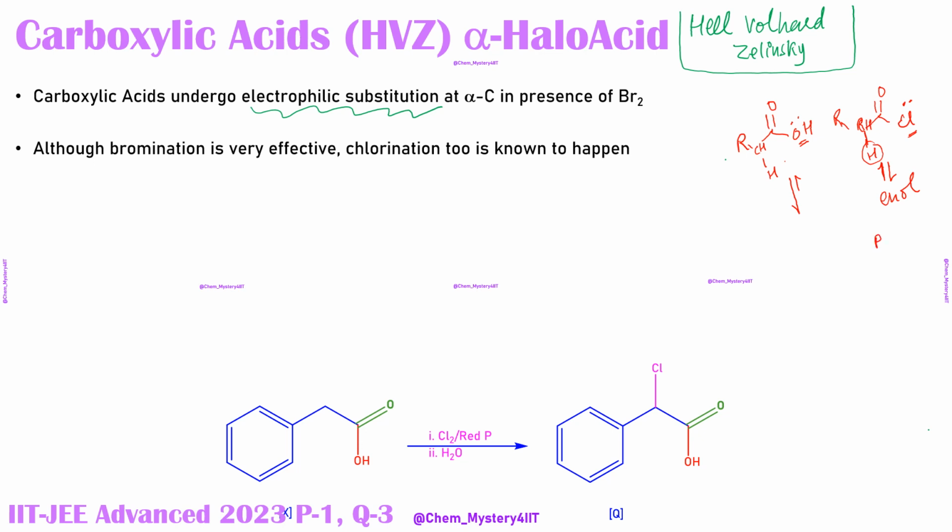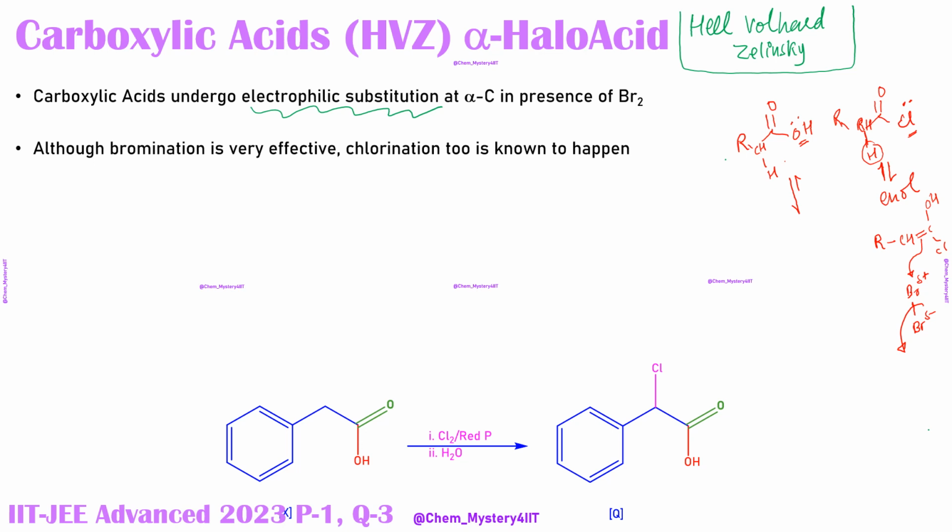So when you have acid chlorides, you have the possibility of this kind of enol formation, and these enols can now attack, because this is an electron rich double bond, onto the delta positively charged bromine or chlorine, whatever it would have been. That is how this electrophilic substitution is taking place.